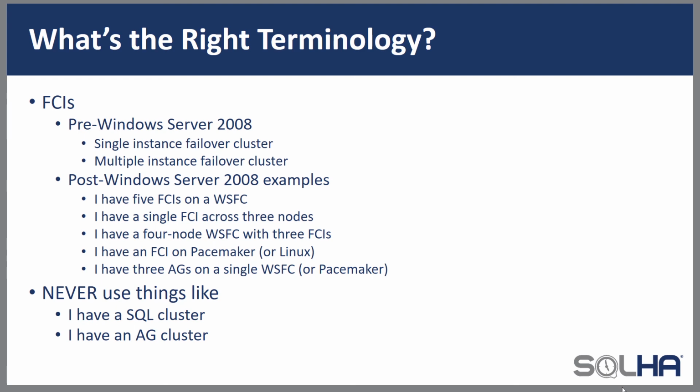But I will tell you, and it drives me nuts when I see this on the SQL Help hashtag on Twitter and elsewhere, never ever use generic stuff like I have a SQL cluster or I have an AG cluster. Both of them are inaccurate. Both of them aren't even things. You have a Windows Server failover cluster or you have a Pacemaker cluster, on top of which you build an FCI or an AG. So please don't ever say that.